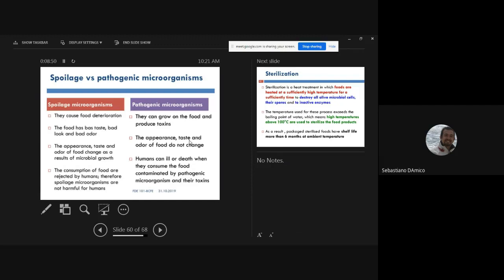In the case of pathogenic organisms, they can grow on food and produce toxins. The appearance, taste, and odor of food do not change, and humans can get sick or die when they consume food that is contaminated by these pathogenic organisms.